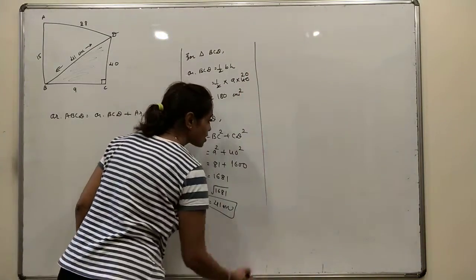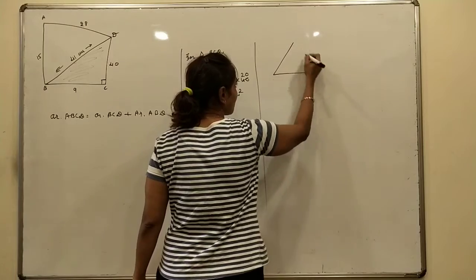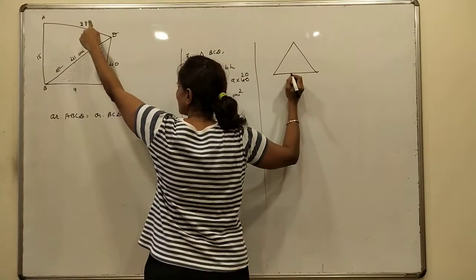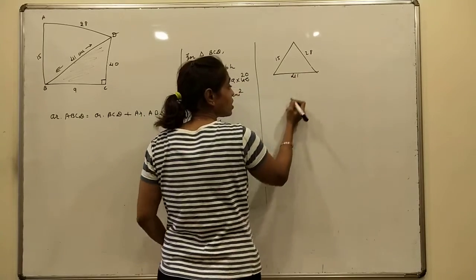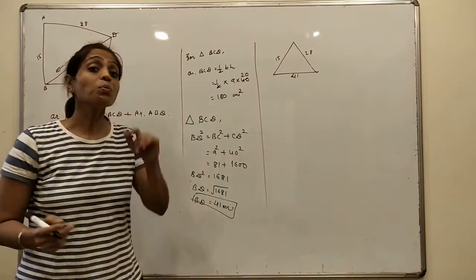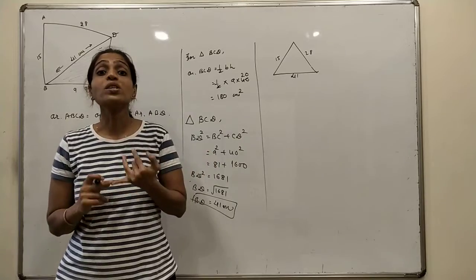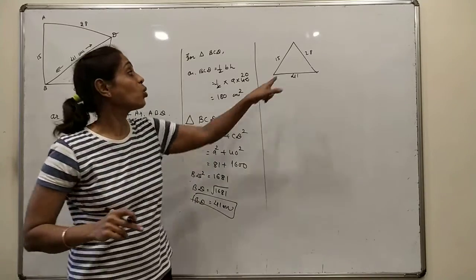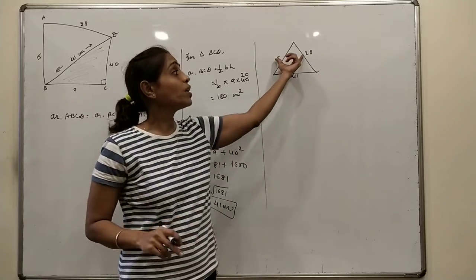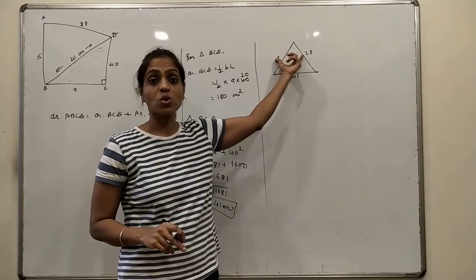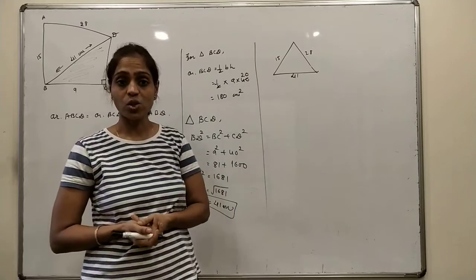Let's try a triangle whose sides are 15, 28 and 41. For finding the area from the sides we will use Heron's formula, because no height is given, and it is not an equilateral or isosceles triangle, so we don't have its formula either.